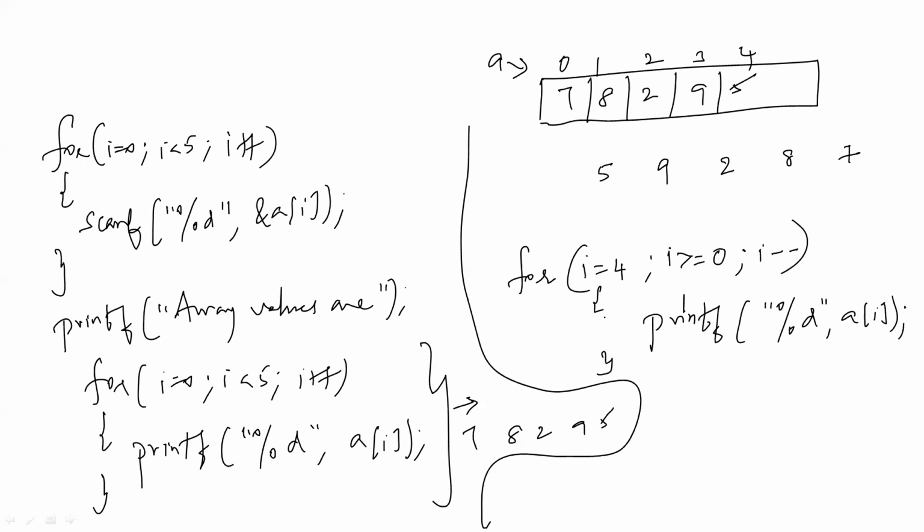Right? So I equal to 4, I greater than or equal to 0, I minus minus. So this is how we are going to print the values of the array in reverse order. Very, very simple.